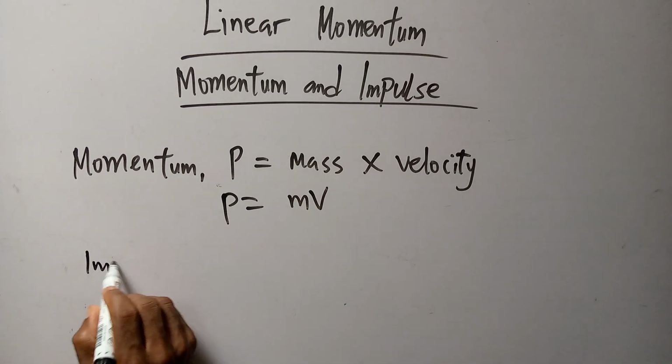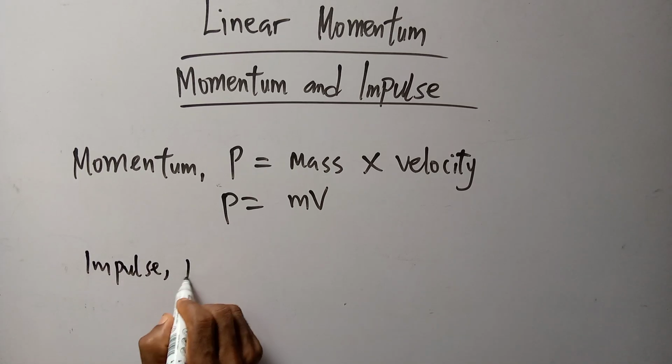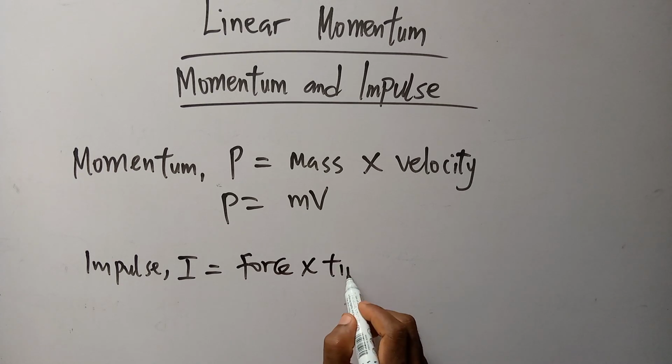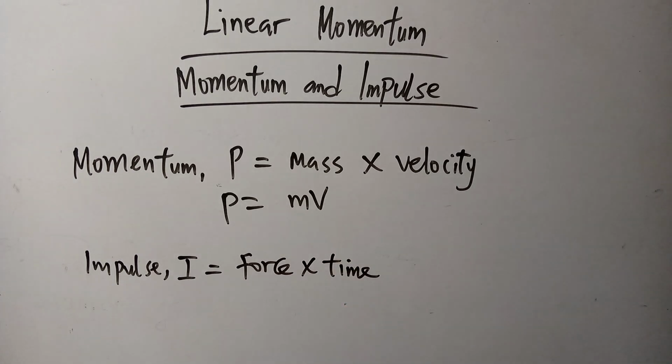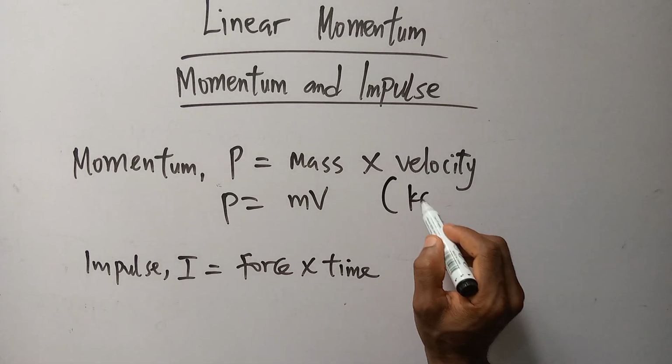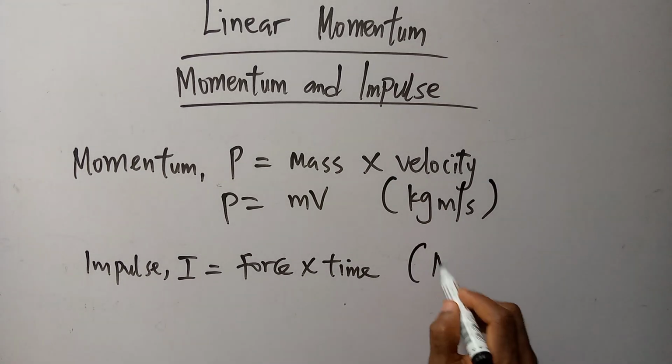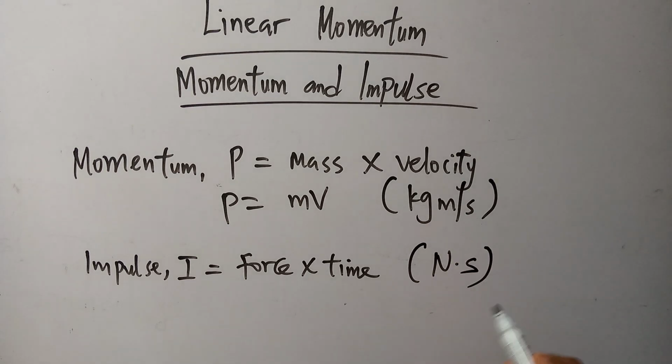While the impulse I is given by force times time. The unit for momentum is kilogram meter per second. The unit for impulse is Newton seconds. These are the formulas you need for momentum and impulse.